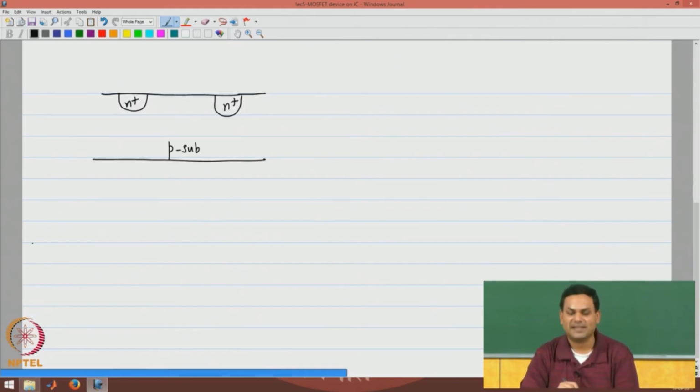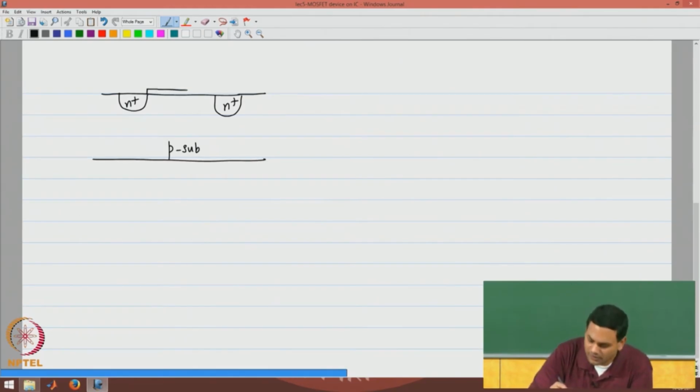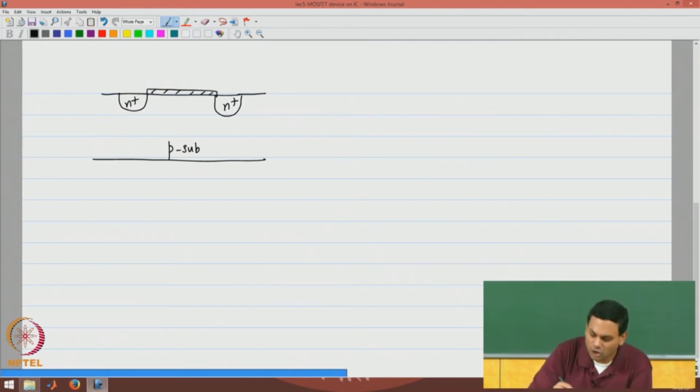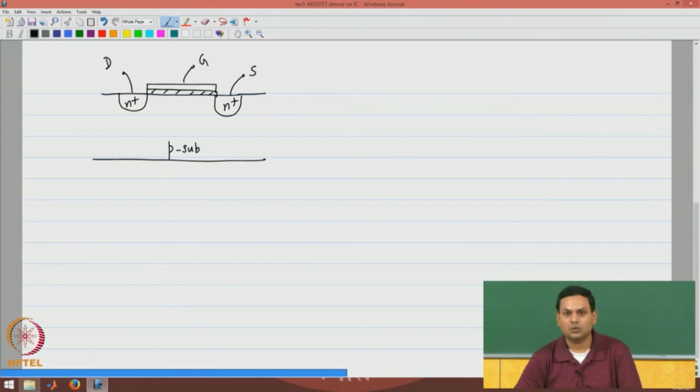I will denote that by P sub, and I will grow the gate oxide, and on top of that the polysilicon will be the gate. So, I will denote these by these three, the gate, drain and the source.